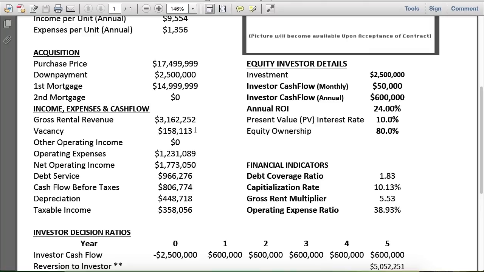So you want to use a higher vacancy than a lower. So if you're unsure, type in 7.5 or 10%. Other operating income could be laundry, garages or something else that you're renting, any other additional income. Your operating expenses, this is everything that it costs to run the property.